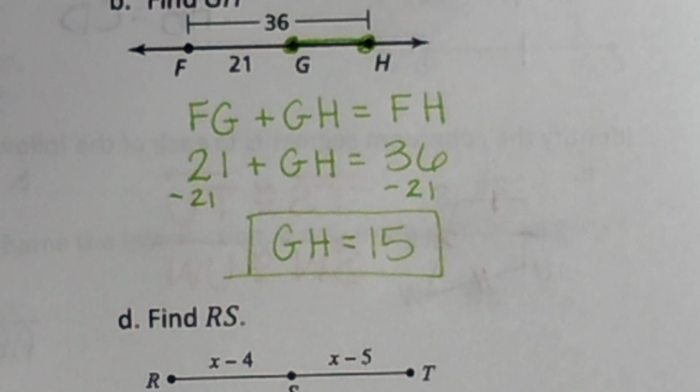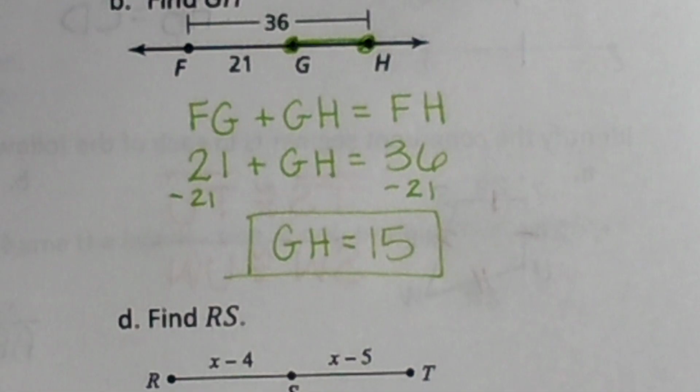An example would be something that looks like this. GH represents the length of a segment. Remember, real quick, the name of that segment would be GH with the bar above it. Its length is without the bar above it.